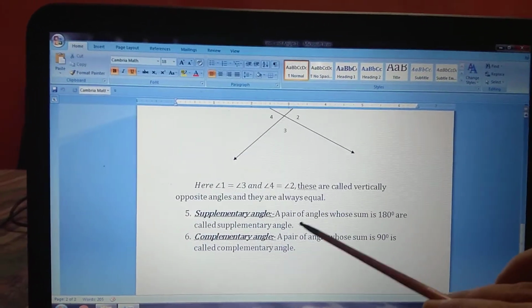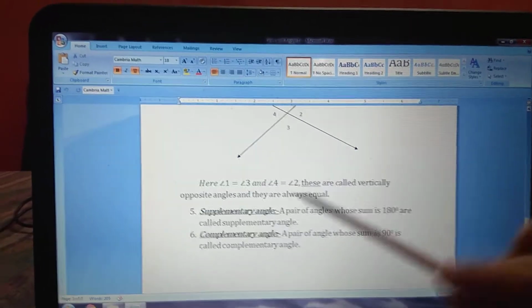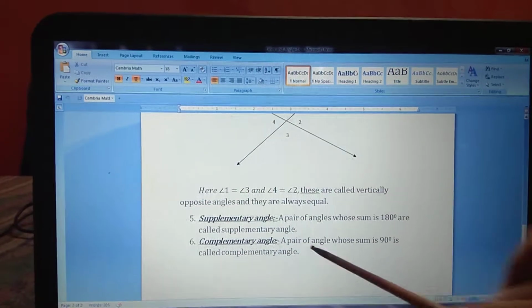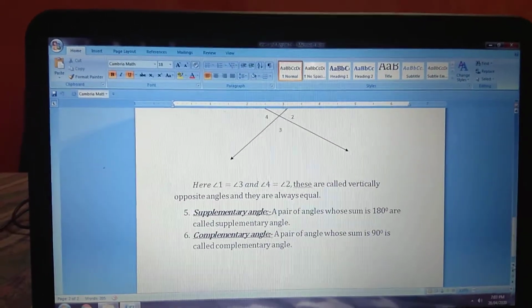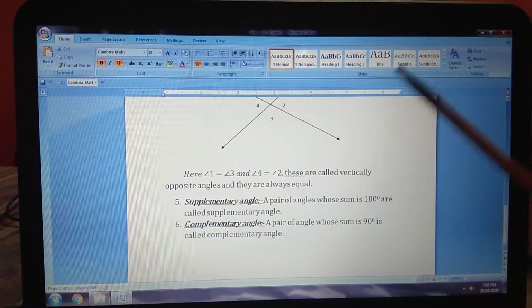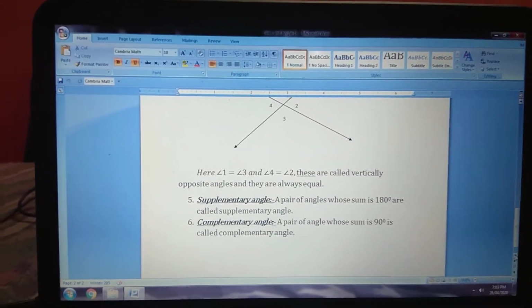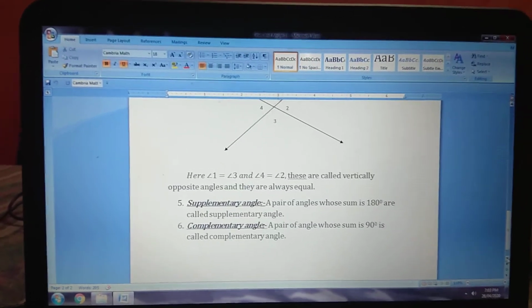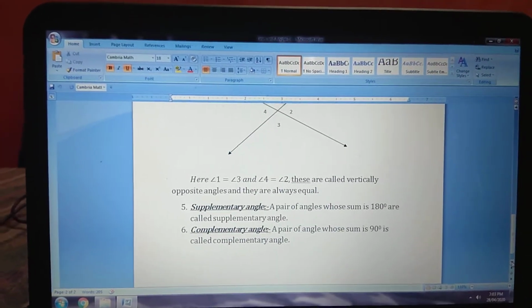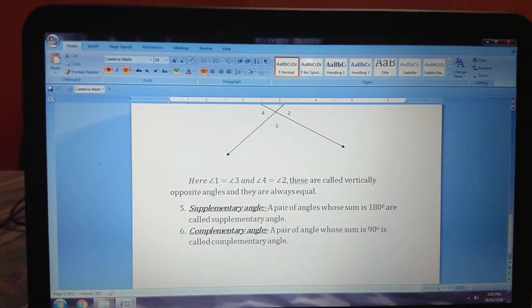A pair of angles whose sum is 180 degrees are called supplementary angles. So it is clear, two different angles, they are not adjacent. Mind it, for supplementary angles they are never adjacent, they are separate angles. Two separate angles whose sum is 180 degrees are called supplementary angles.